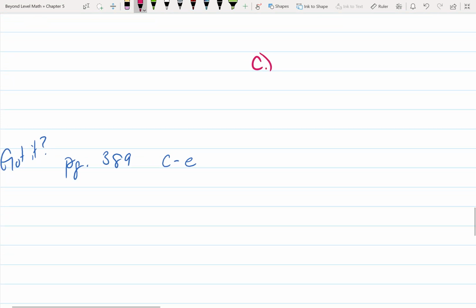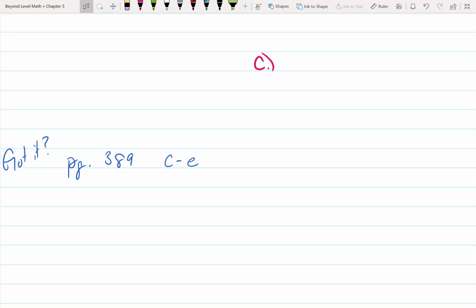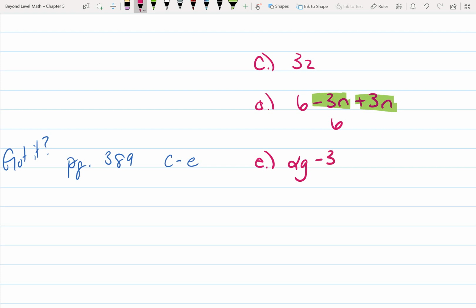Alrighty, we had 4z minus z. That gave us 3z. D. We had 6 minus 3n plus 3n. This negative 3n plus 3n is actually going to give us 0n, right? So we don't have to write that, and our simplified expression would just be 6. And E, we have 2g minus 3 plus 11 minus 8g.